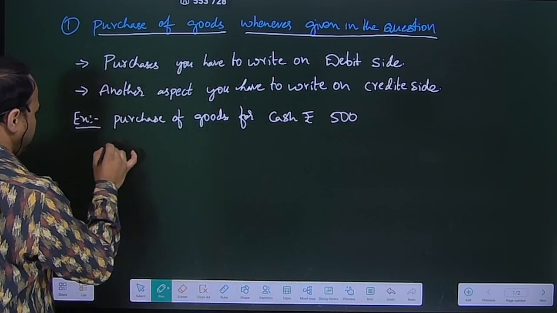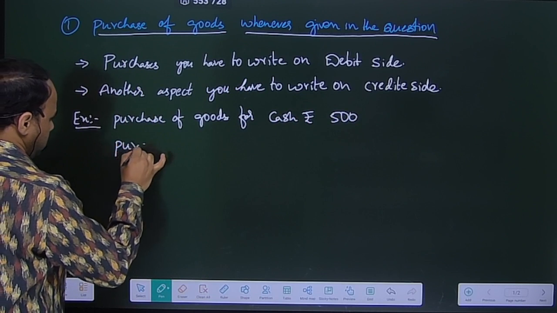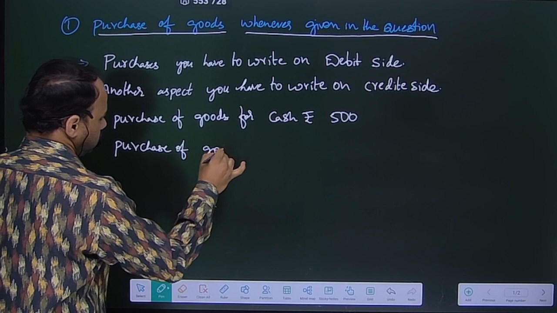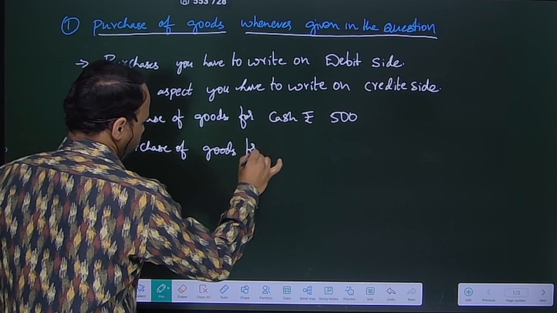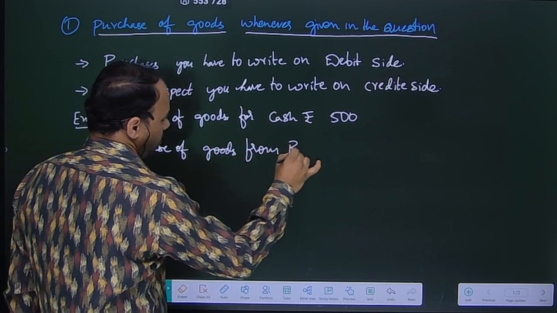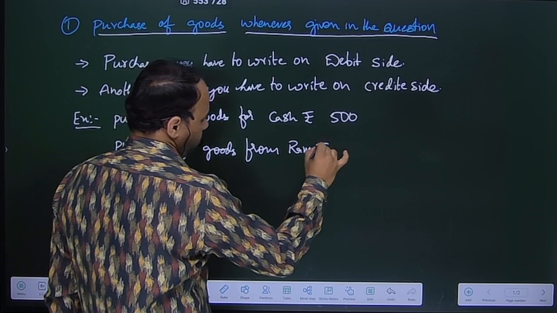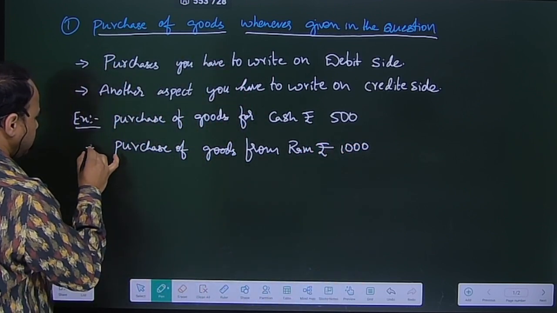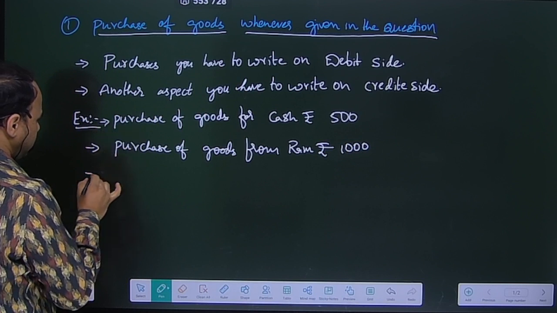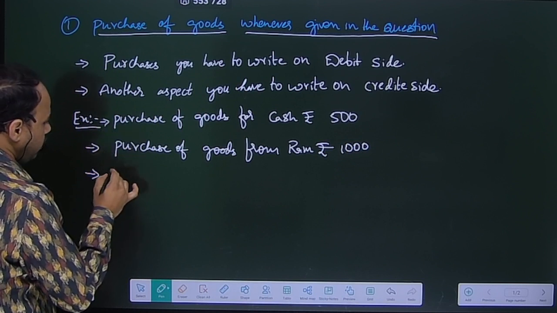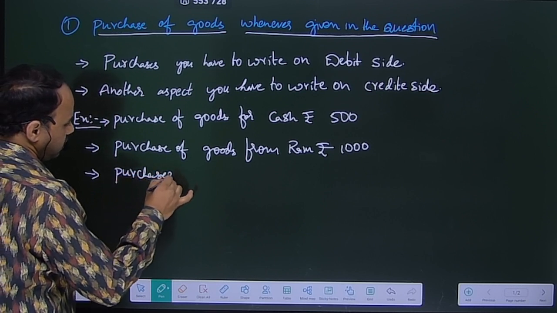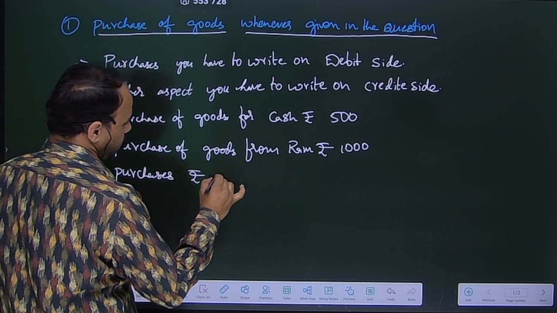See the next one: purchase of goods from Ram, rupees 1000. Otherwise only purchases may be given. Only simple purchases given: purchases rupees 2000.